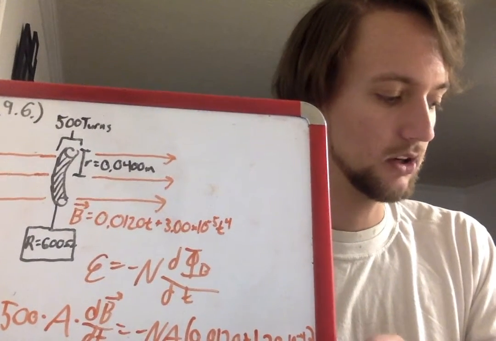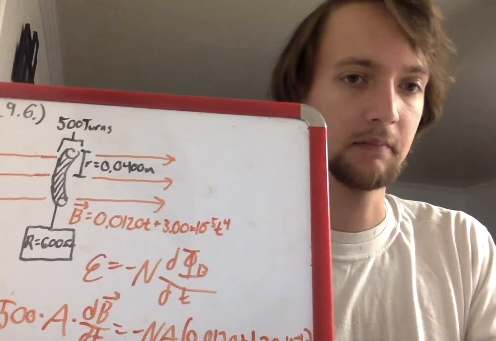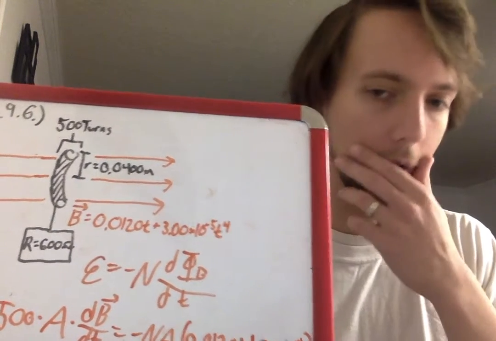So part B is asking what the current in the resistor is at time 5 seconds.